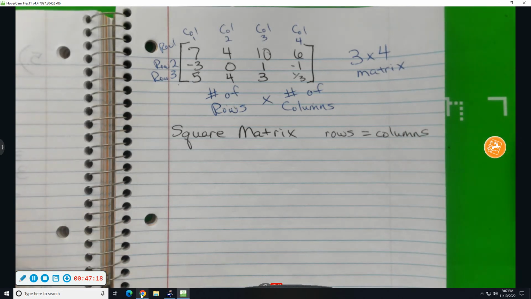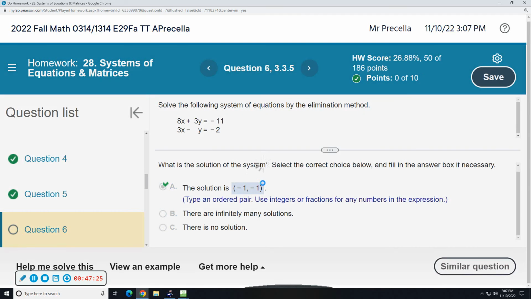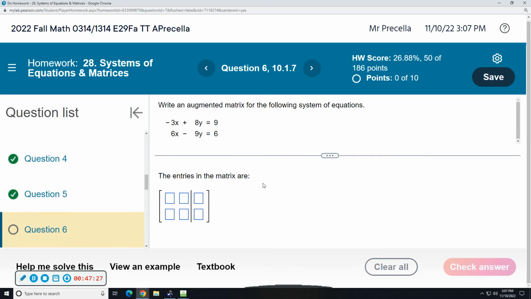And let's look at a homework problem. Before we do that, the first thing we're doing is something called an augmented matrix. An augmented matrix is used to summarize the coefficients and constant terms of a linear system of equations. We don't need to write anything.